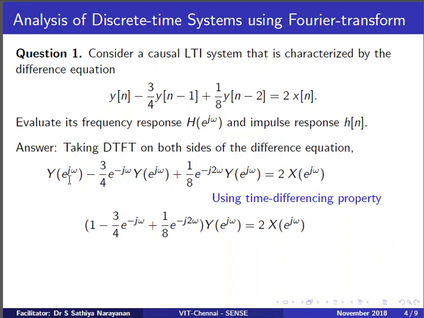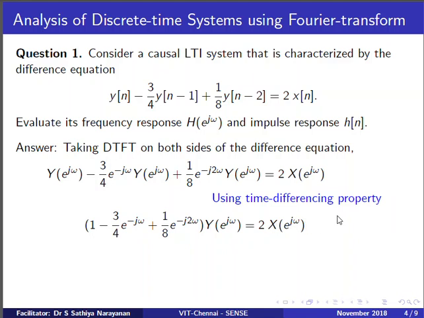Grouping all the terms, this becomes 1 minus 3 by 4 e power minus j omega plus 1 by 8 e power minus j 2 omega times Y of e raised to the power j omega is equal to 2 X of e power j omega.